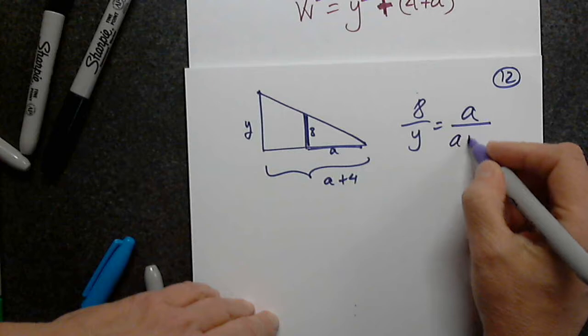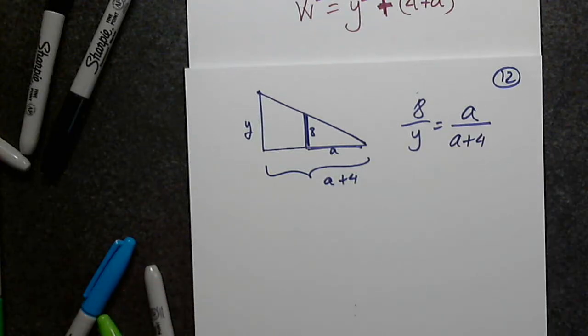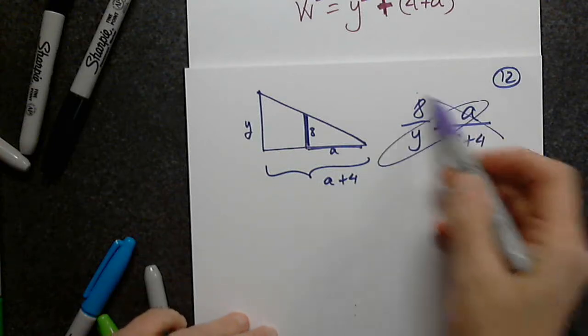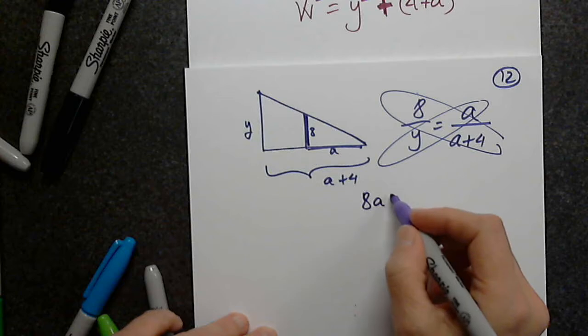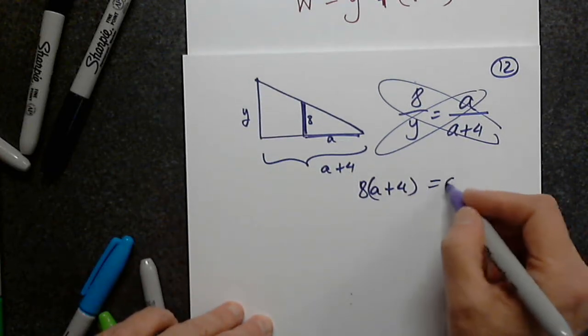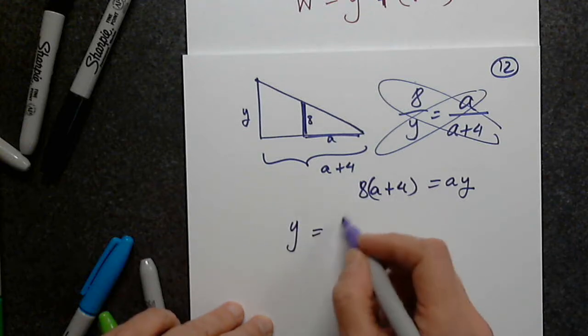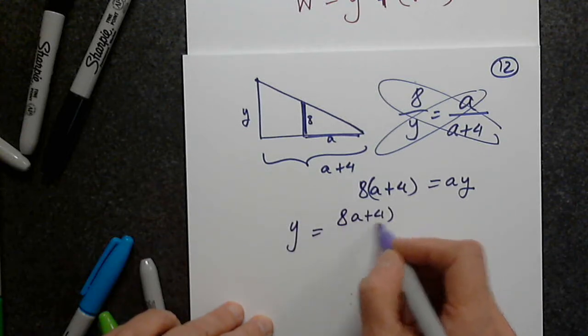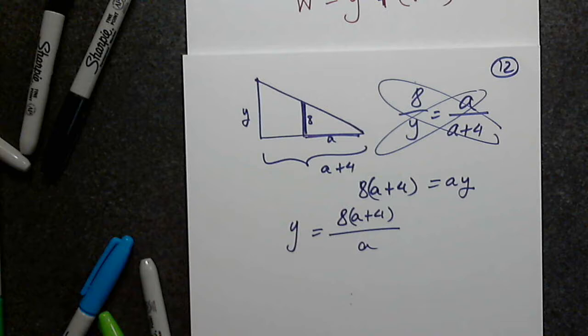Very good. Okay, so I think I'm going to get rid of Y because there's only one Y here. So I'm going to cross multiply. Then I get 8(A plus 4) equals AY. So then Y equals 8(A plus 4) over A.